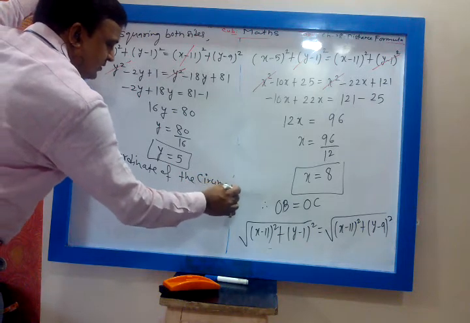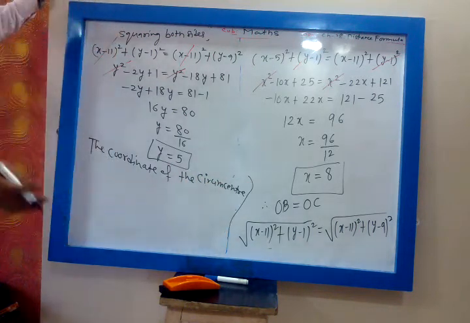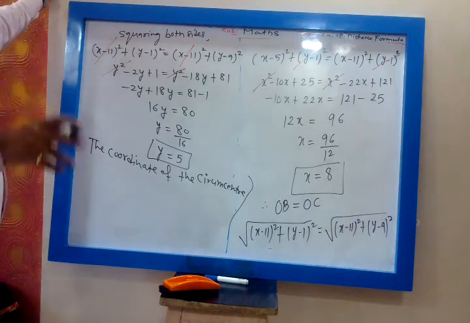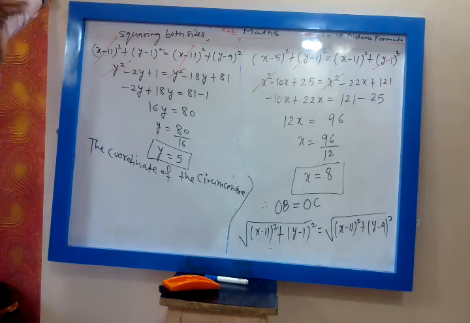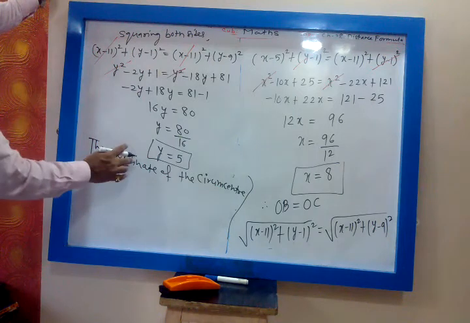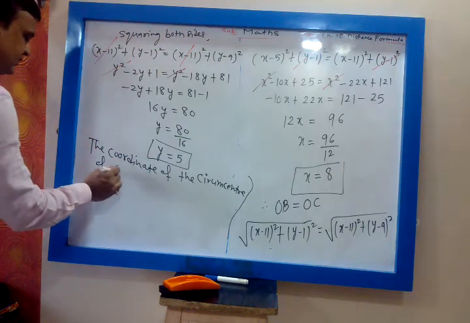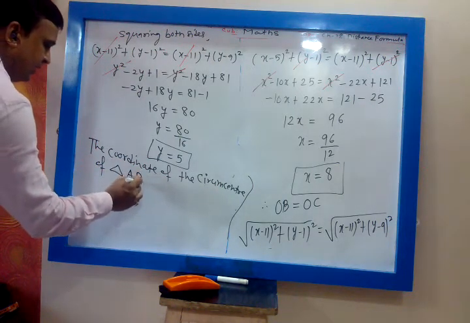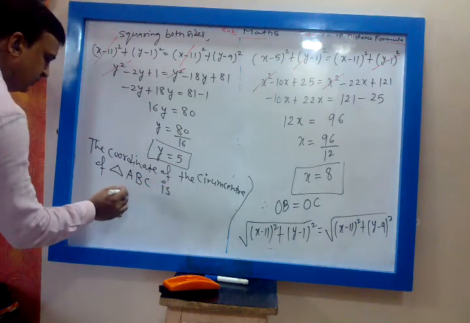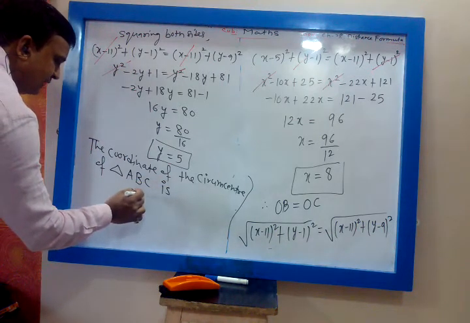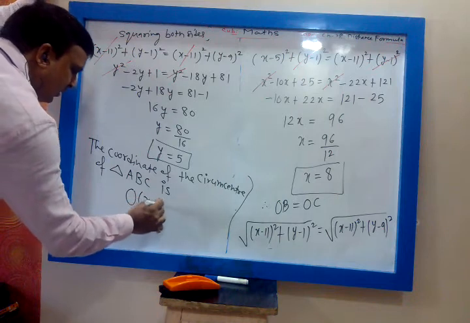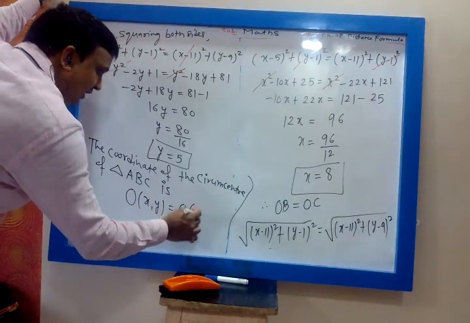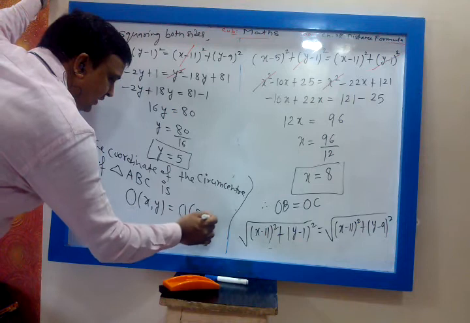So remember, the circumcenter of a triangle is that point inside the triangle from which all the vertices are at equal distance. So the coordinate of the circumcenter of triangle ABC is O, and the coordinate of O is (x, y), which is 8 comma 5.